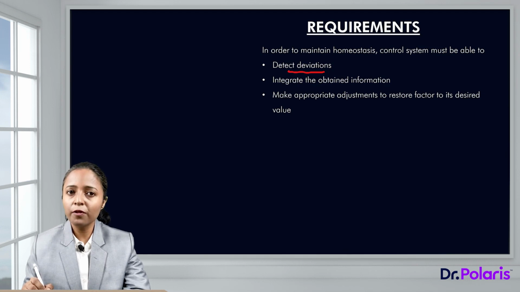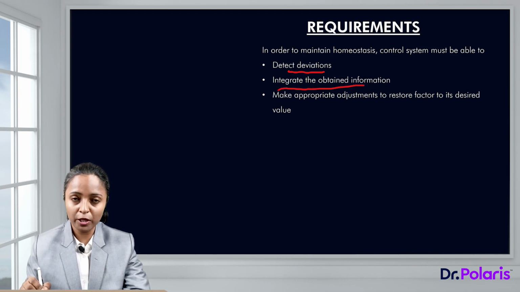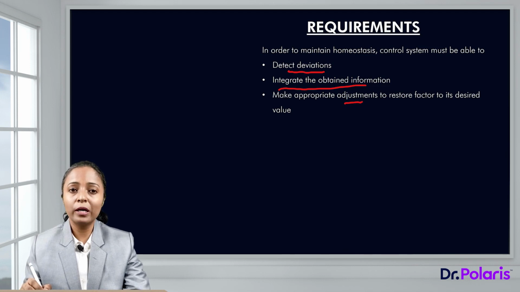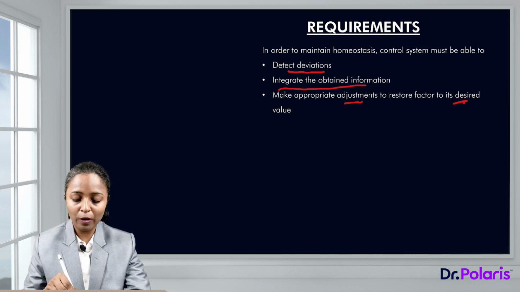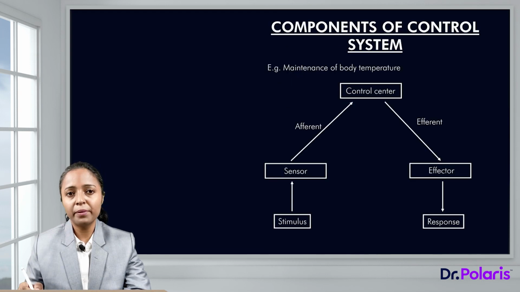Then whatever information they have obtained from different areas, they should be able to integrate, get some meaning out of it, and then make appropriate adjustments so as to restore these variables to the desired value, that is in a particular normal range, or to a desired value which is suited for that physiological function. So let's take an example of how this is happening.